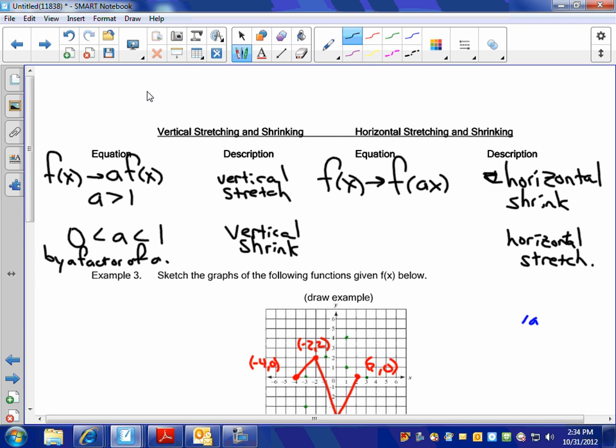Now, it's opposite of what it was before. So this time, if a is greater than 1, it's a horizontal shrink. If a is between 0 and 1, then it's a horizontal stretch.